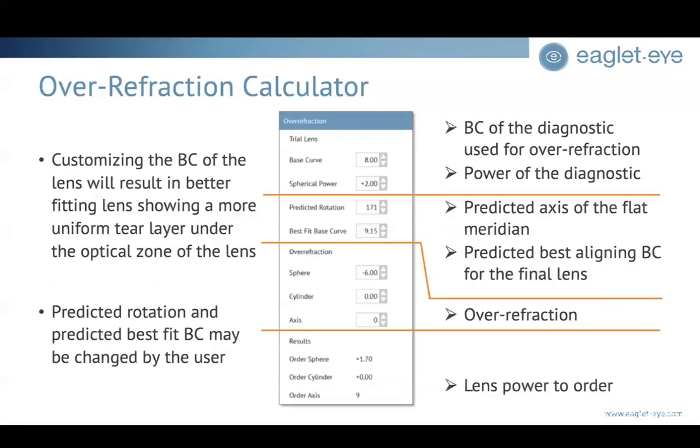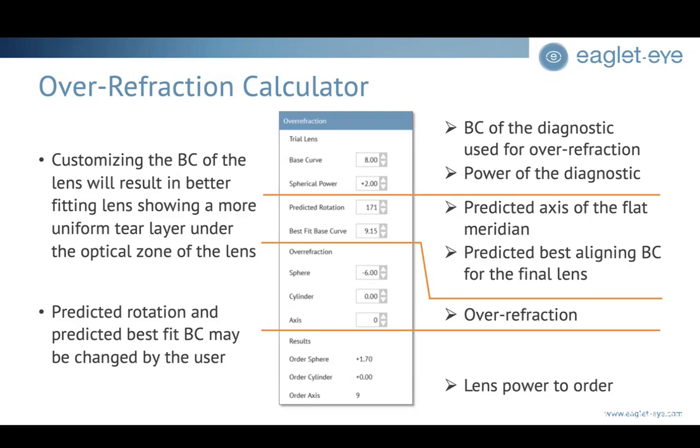Here's an overrefraction calculator, and I just want to highlight that this is another cool feature. The slide's a little bit busy, but it shows a lot of the different customizations that we can do within a lens design to create a better tear film. For example, we can play around with parameters within these calculators in the software to best predict fit.